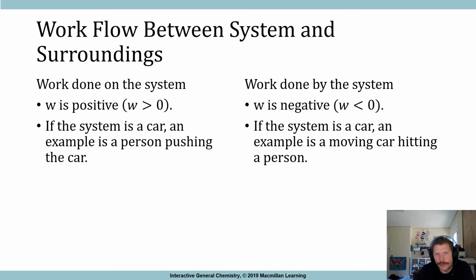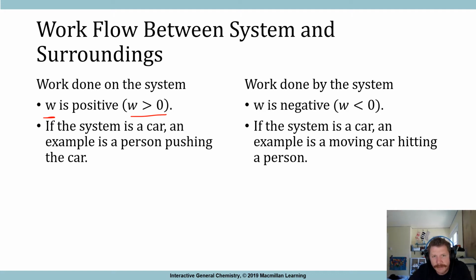Now, work flow between a system and its surroundings: when work is done on the system, your W is going to be greater than 0, so it's positive. What I would recommend, before you really get comfortable with less than 0 or more than 0, is to think about an example. W is positive when the system is a car and a person is pushing that car.